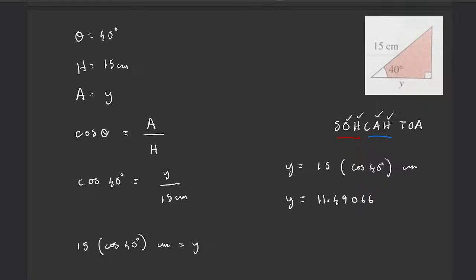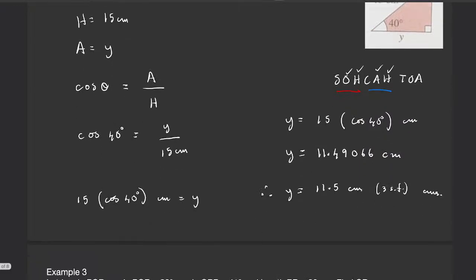Let's write this cm a little better: centimeters, right? So I'm going to put this answer to 3 sig figs. Therefore, y is equal to 11.5 centimeters. All right, and that is my answer to 3 sig figs. Next example.